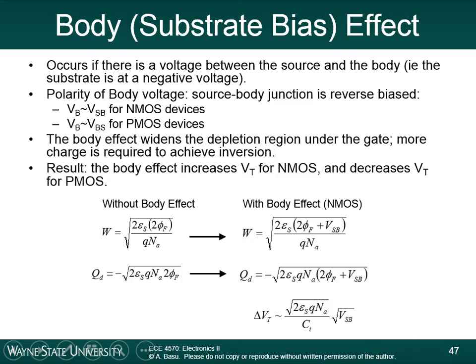If you increase the width of the junction, you increase the amount of depletion charge. The depletion charge term is given by this equation, and you can see it increases approximately as the square root of VSB.